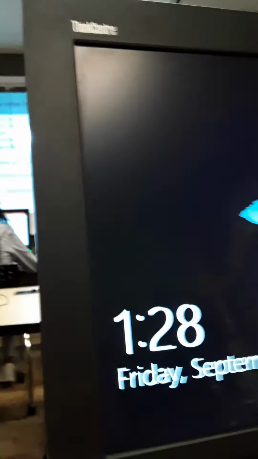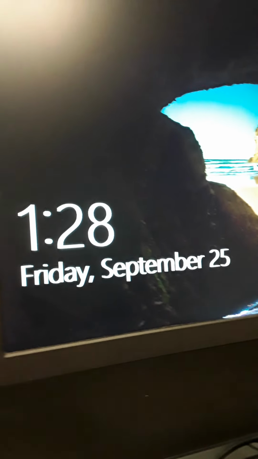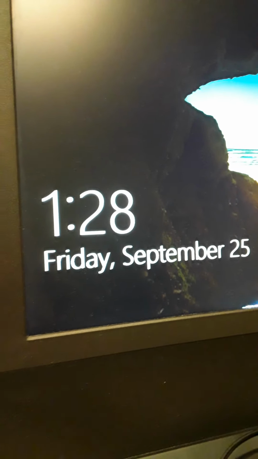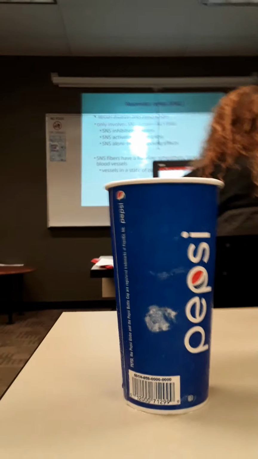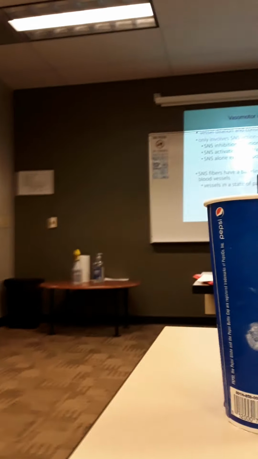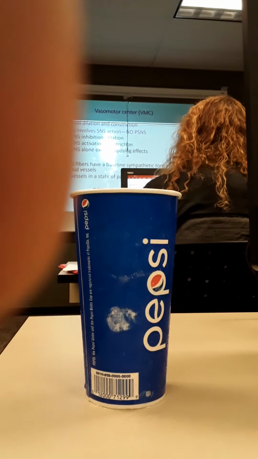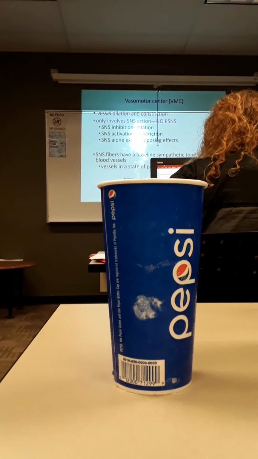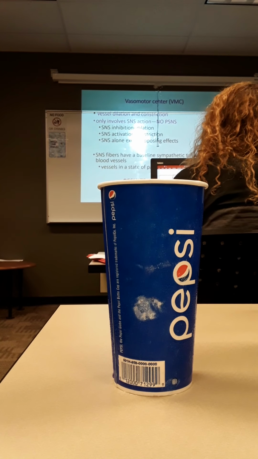only involves your sympathetic nervous system. And this refers to the dilation or constriction of the blood vessels. Okay? So in lab, I drew that diagram where you had a blood vessel with a specific diameter. Let's say the diameter of this blood vessel, just for the heck of it, is 10 millimeters across. Okay?